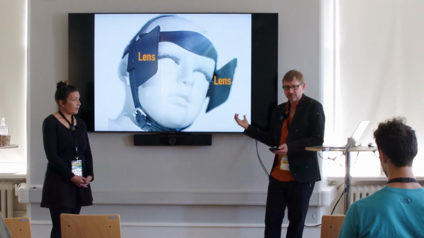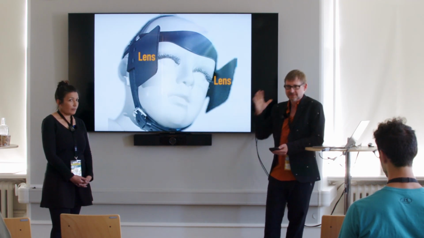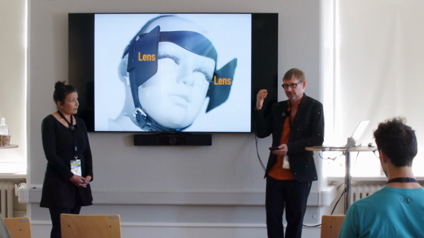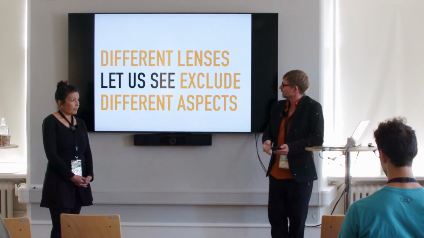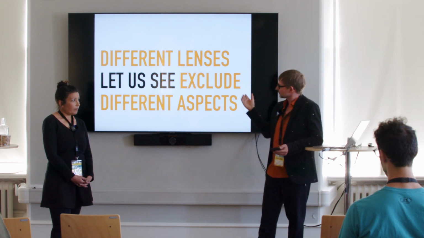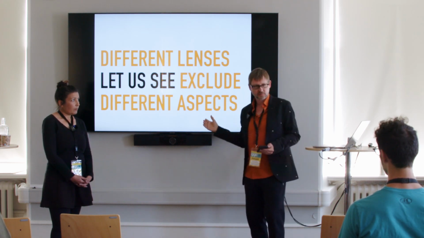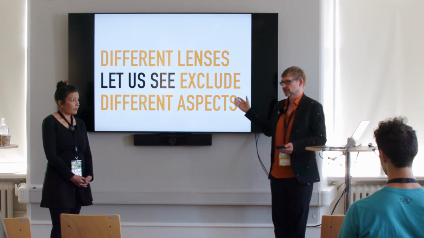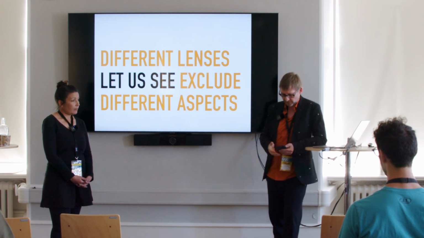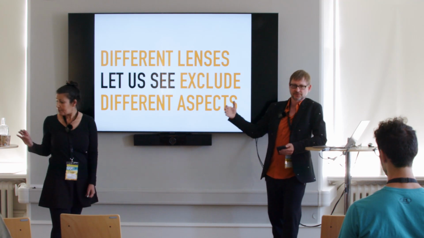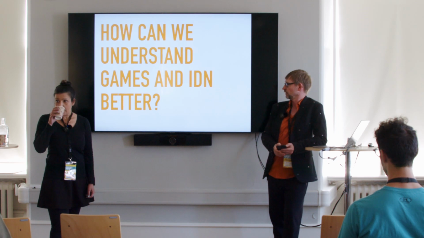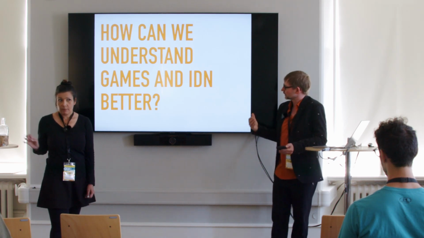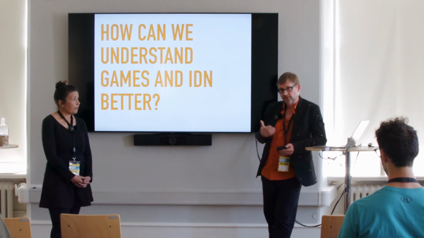We take on blinders with every analytical lens that we use. So different lenses let us see different aspects, but also exclude different aspects at the very same time. And that was the starting discussion that Mirjam and I had a couple of years ago, where we asked, how can we understand games and interactive digital narratives better?